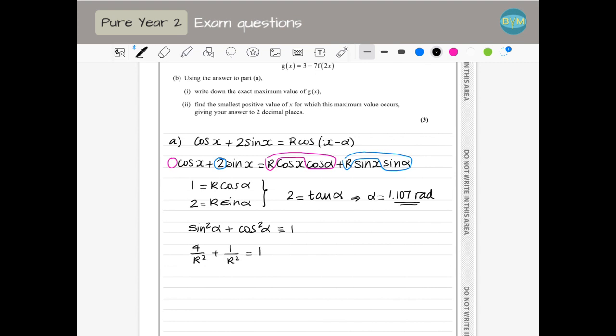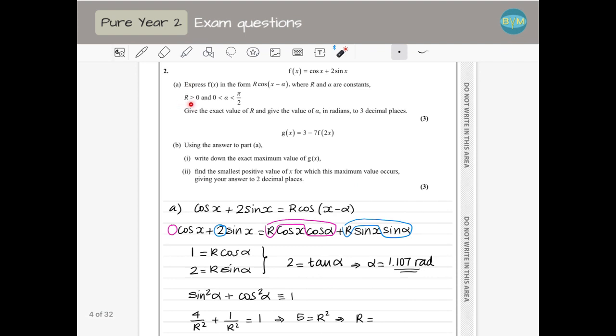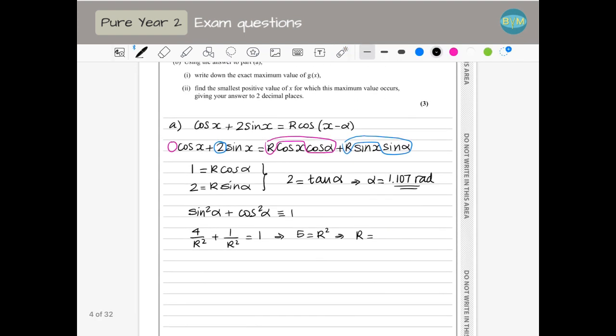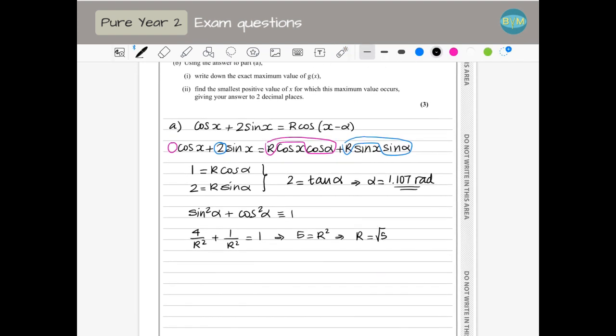This is going to be 1, which means that 5 is going to be R squared, which means that R is going to be root 5. And they say R is positive, so we pick only the positive root. So this is the first part.